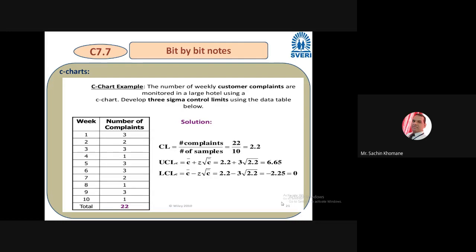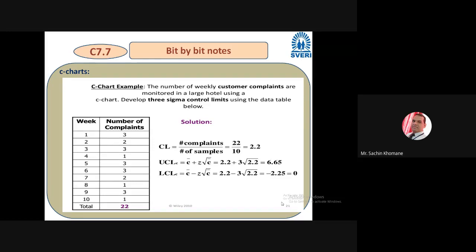Now, the question is like this. We have seen all four charts. Fortunately, none of our readings is above the control limit or below the control limit. But if it is, I am asking a very common question. At least you should answer after this much discussion.